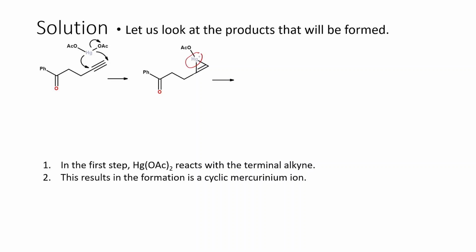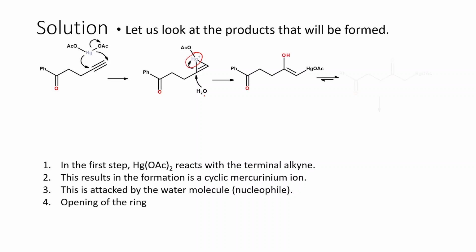The mercury can have a positive charge because it has vacant d orbitals, and once this intermediate is formed, it will be attacked by the nucleophile, which is water, which opens up this cyclic mercurinium ion intermediate. That leads to the formation of a hydroxy unit, and again a double bond is there. In other words, an enol is formed in this particular case.